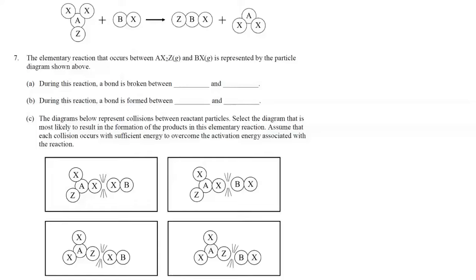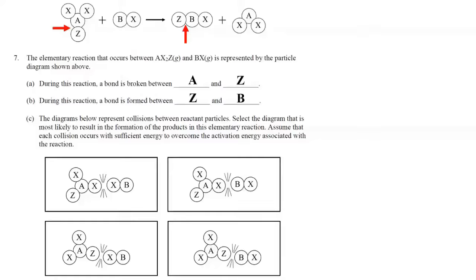In part A, it says during this reaction a bond is broken between, so if I compare the molecule AX2Z on the left with the molecule AX2 on the right, I can tell that a bond is broken right here between atoms A and Z.